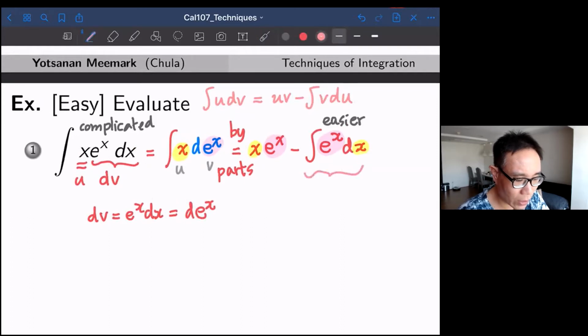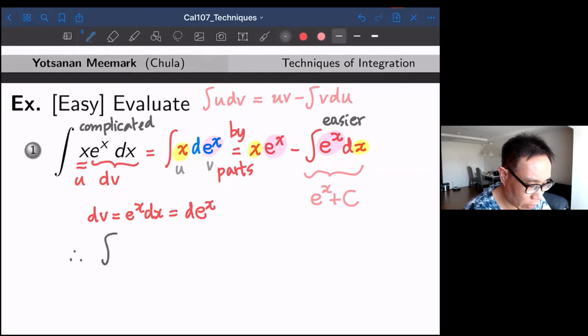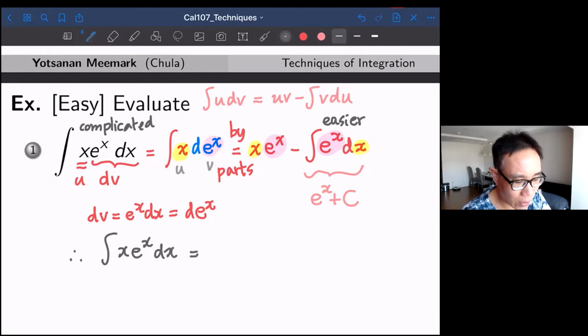So for this one, after you change into the integral of e to the x dx, this turns out to be just e to the x plus c, and you have your final answer. So you conclude that the integral of x e to the x dx is gonna turn out to be x e to the x minus e to the x plus c.